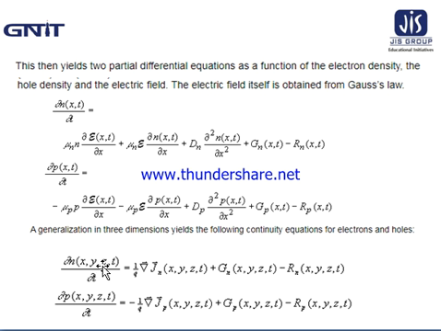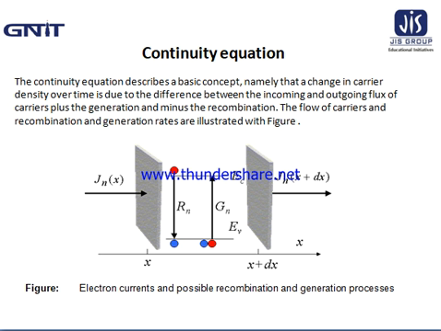Now if the generation is in 3 dimensions, then this is a function of 3 coordinates, x, y, z. That's why it is written as del n(x,y,z,t) by del t equal to this, and del p(x,y,z,t) by del t equal to this. This is the continuity equation.